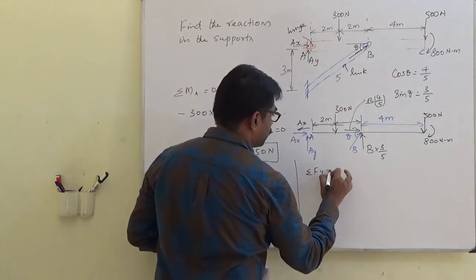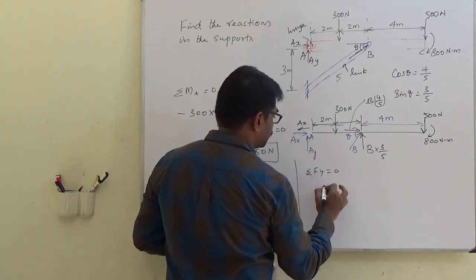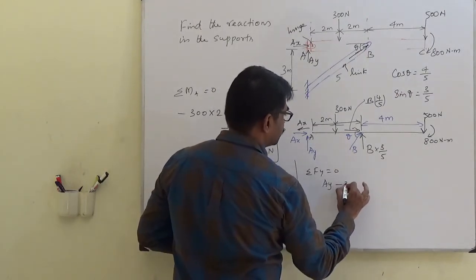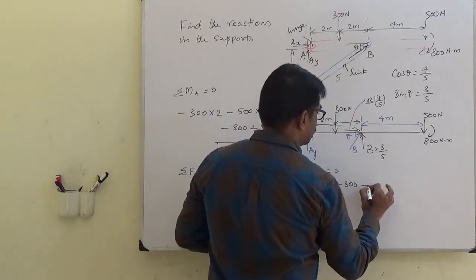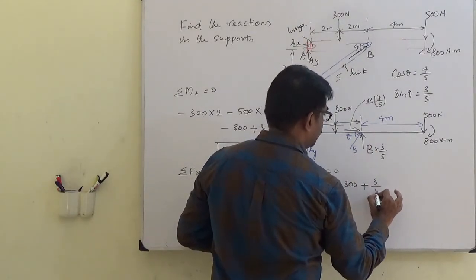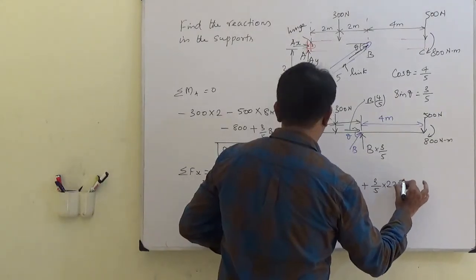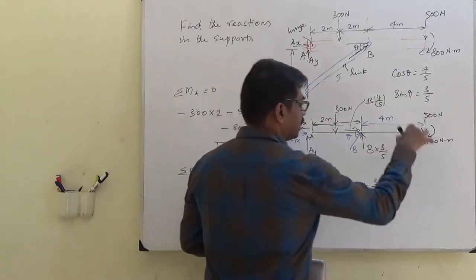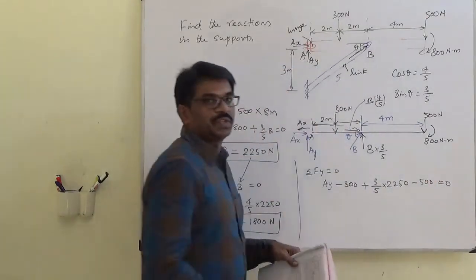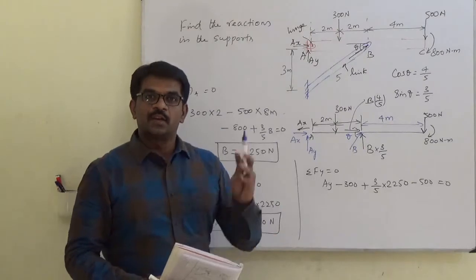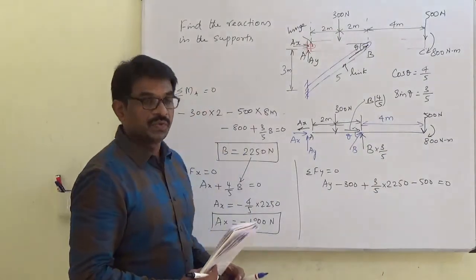Now what is Ay? Summation of Fy equal to 0. So this is considered to be positive. So Ay positive minus 300. Okay, this is positive. So 3 by 5 into B, 2250, and the downward force 500 equal to 0. Only the vertical forces we are summing and equating to 0.